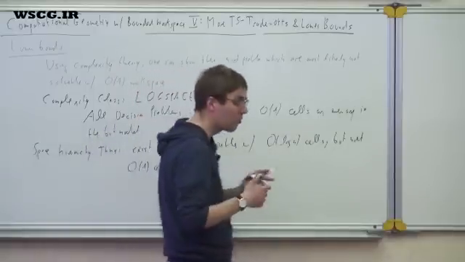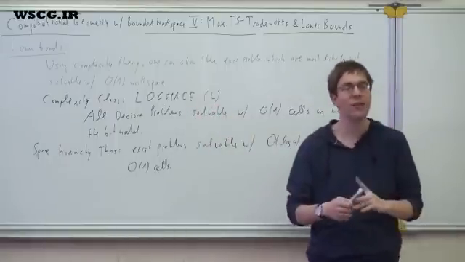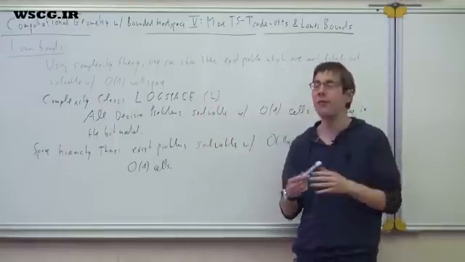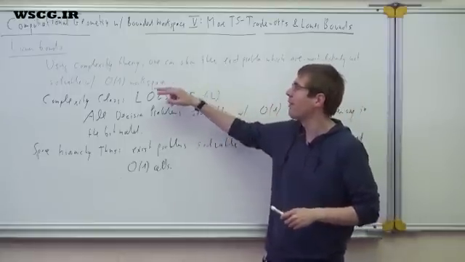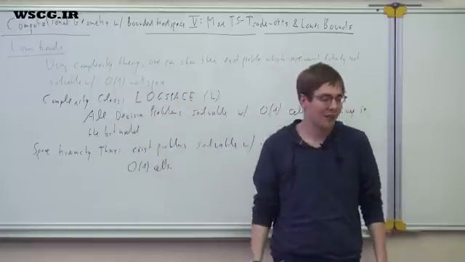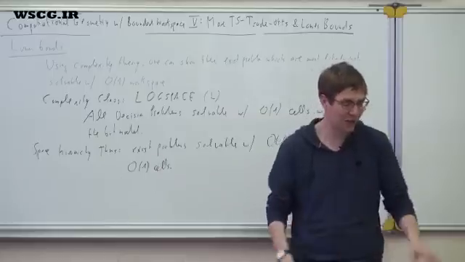So complexity theory already tells us, and we can even prove unconditionally, which is a rare event in complexity theory, that not every problem can be solved with O of 1 workspace. This is the first insight.